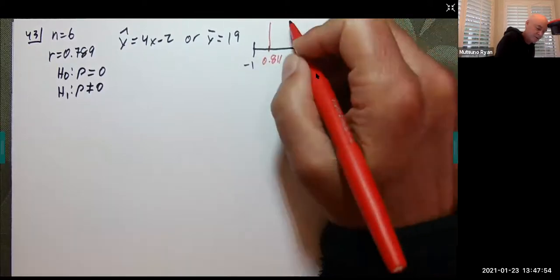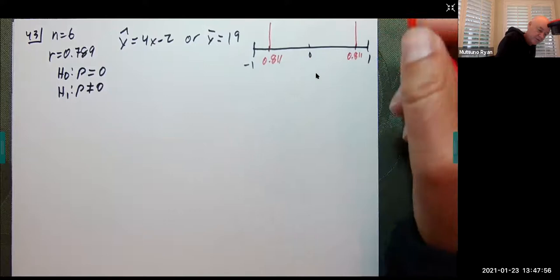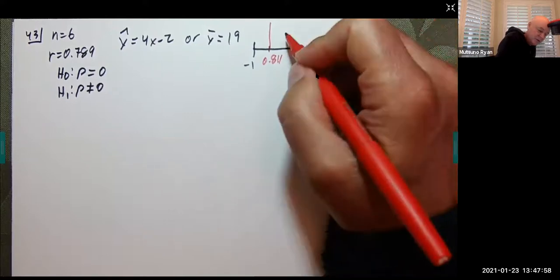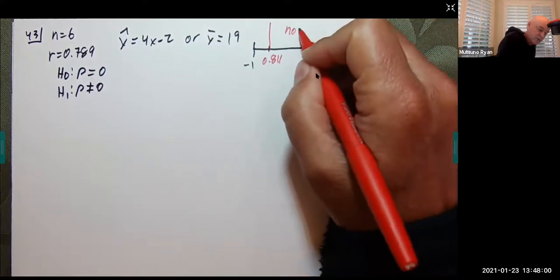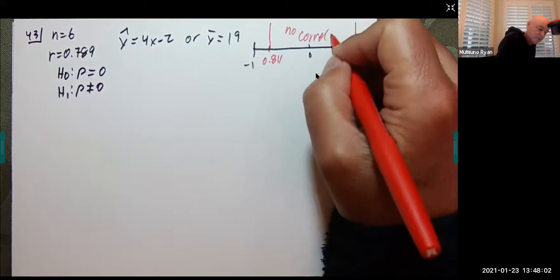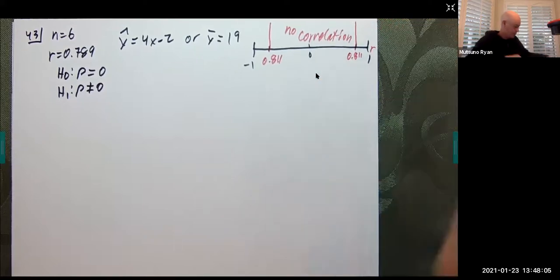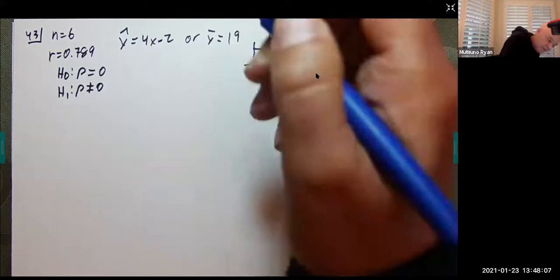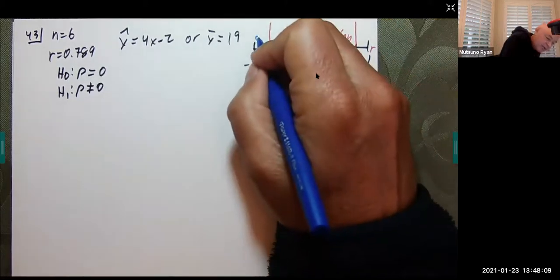So in the middle here, these are R values. If it's between here and here, there is no correlation. However, if it's between here and here, there's a correlation.